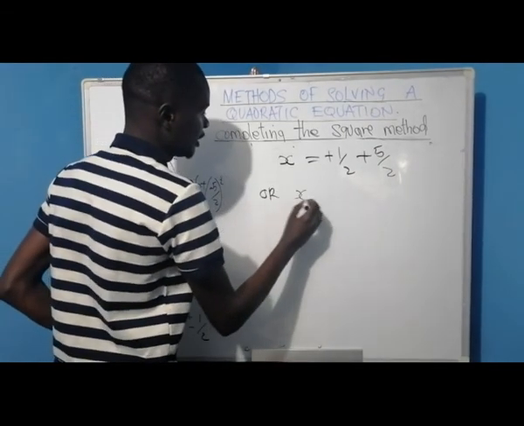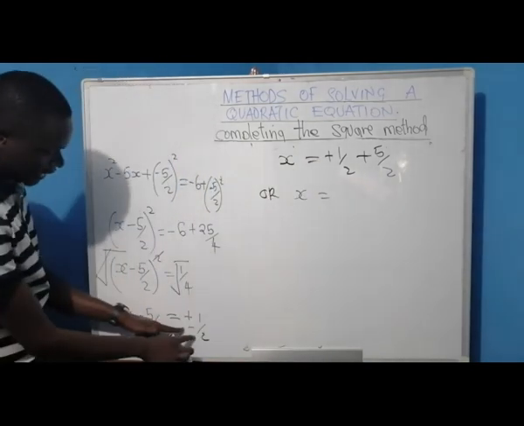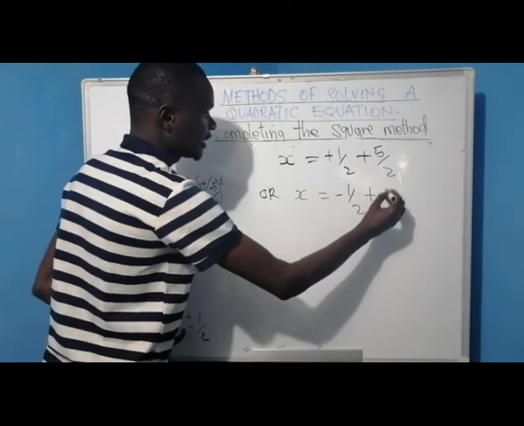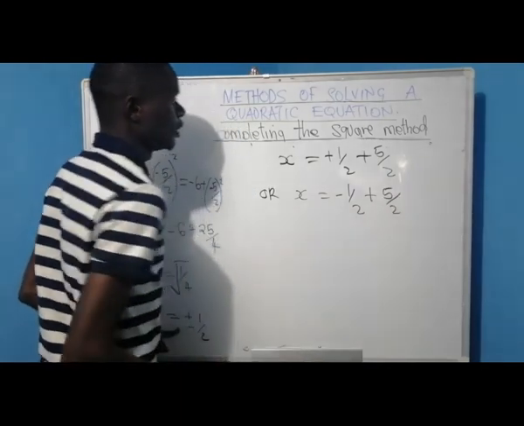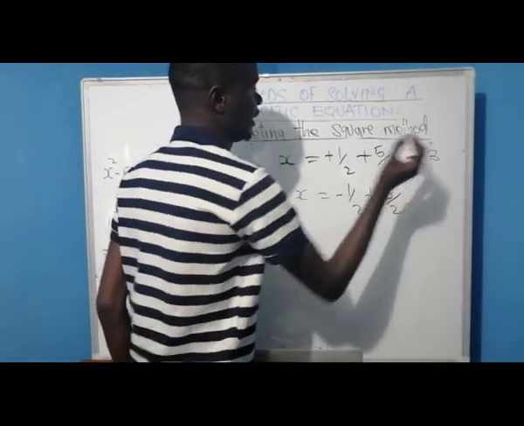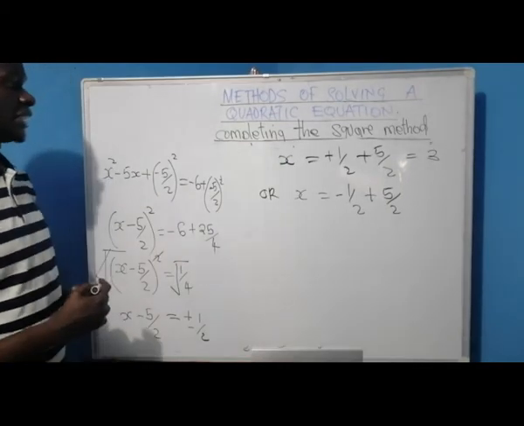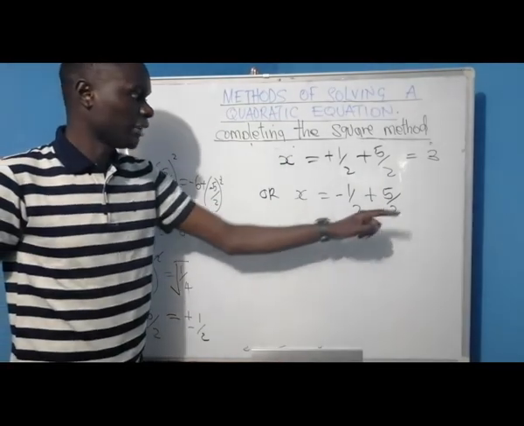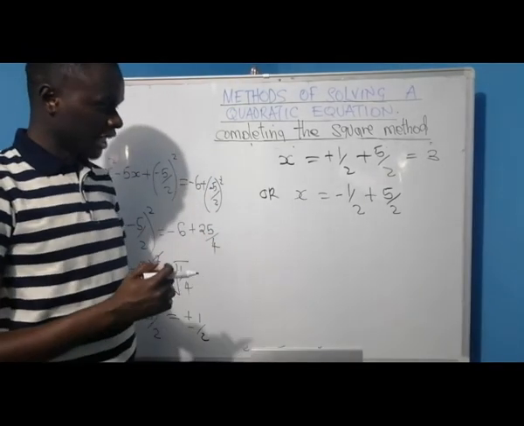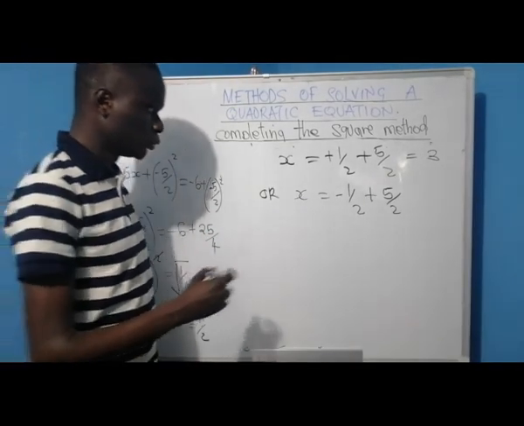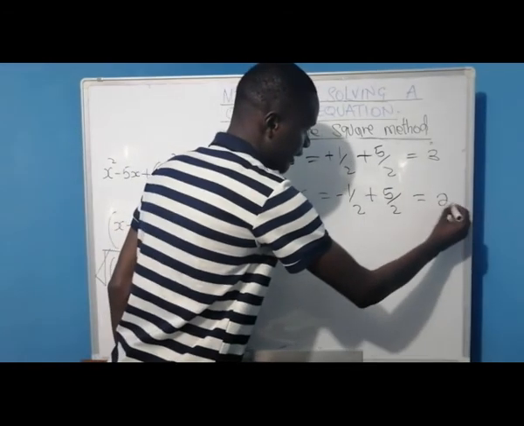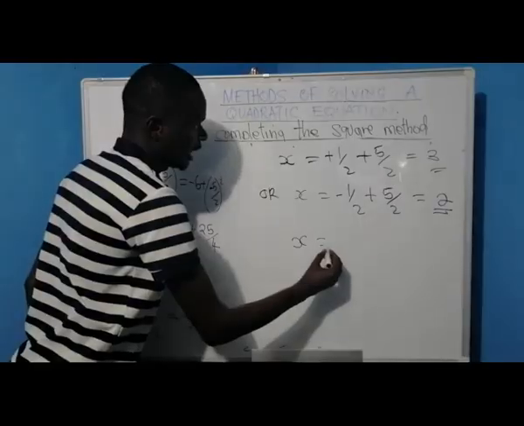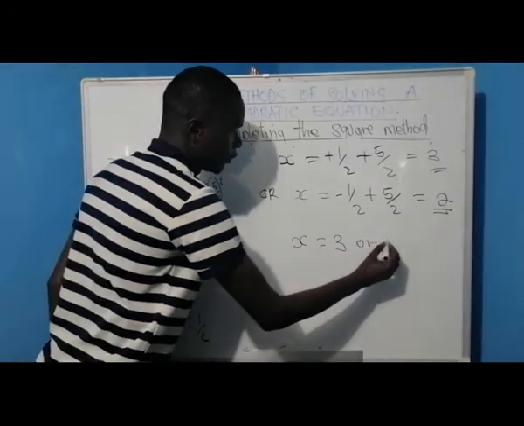That gives 6 over 2, which is the same as 3. Or x can be, we can decide to use the negative so that we have negative a half plus 5 over 2 gives us 4 over 2, which is the same as 2. And therefore, the two values of x are 3 or 2.